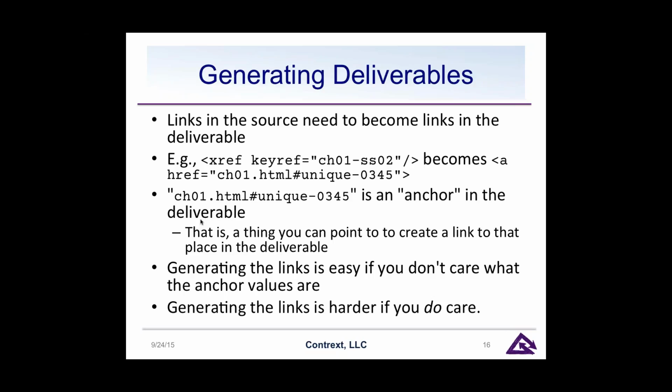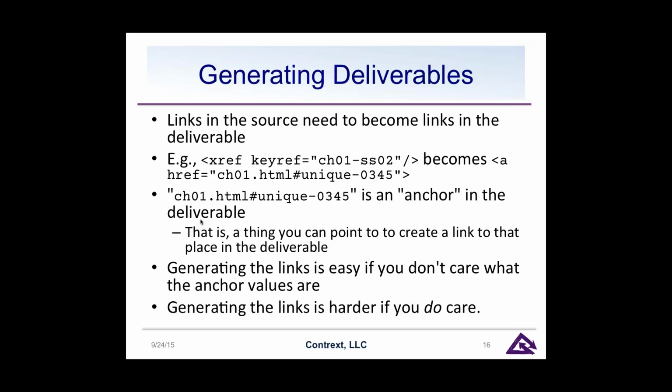All right, so we've got our keys in place. We now understand we have to have keys for everything. We need to have this distinction between our navigation keys and our resource-only keys. Now we want to create some deliverables, and we want those deliverables to reflect our public anchors, right?